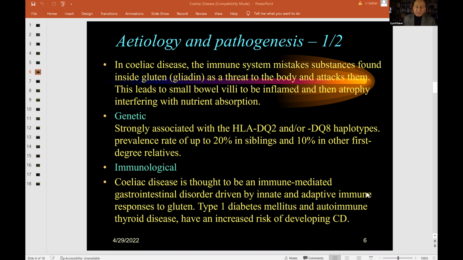And similarly, the exposure of the body to gluten in a sensitive person will evoke a certain response, and that would therefore produce immunological activity. Certain immunological conditions such as type 1 diabetes and Hashimoto's disease have an increased risk of developing celiac disease.